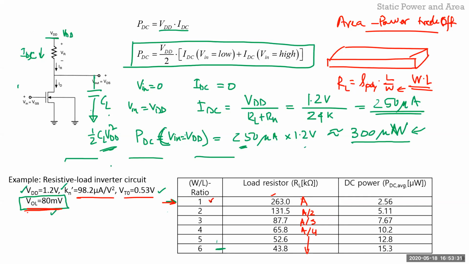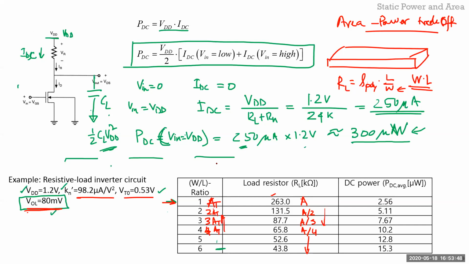But the transistor size is increasing. So let's say this is a transistor: this is obviously 2 times, this is 3 times, this is 4 times, and so on. So this is decreasing, but this is increasing.